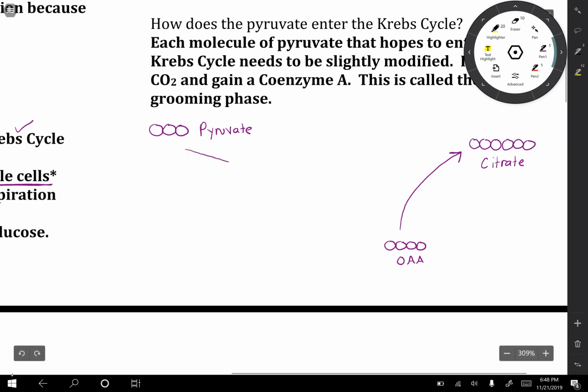This pyruvate is going to lose a CO2, so now we are down to 2 carbons, and we're going to gain a coenzyme A molecule, or CoA. So now you have a 2-carbon molecule called acetyl-CoA.